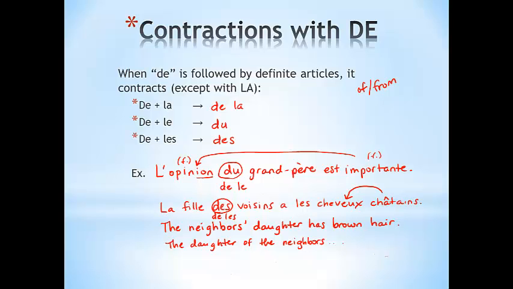All right. I hope you got it. If you didn't, it's okay. We have plenty of time to practice. So your book stops at the contractions with de, but you might as well learn the contractions with the preposition à, because they're very similar and, hey, it's useful. And you're going to have to learn it anyway, so you might as well learn it now.